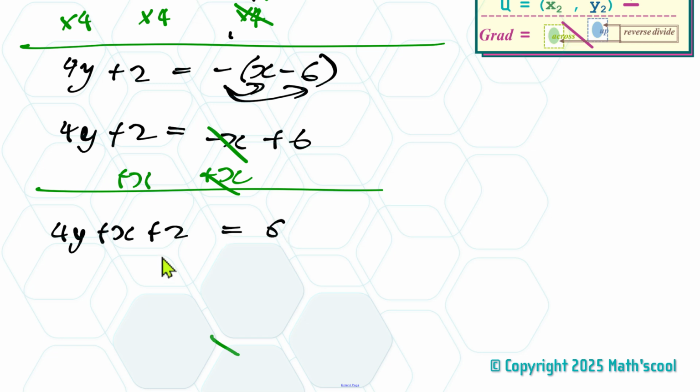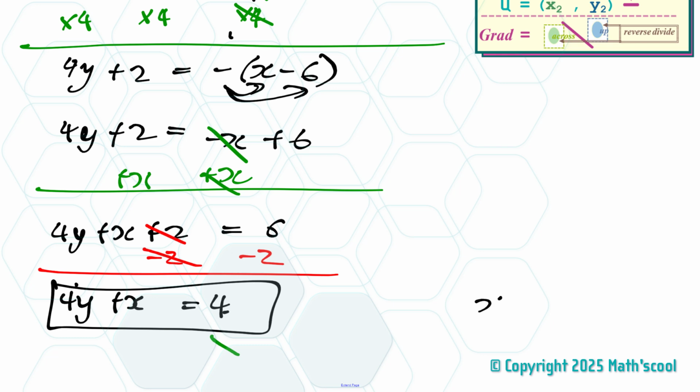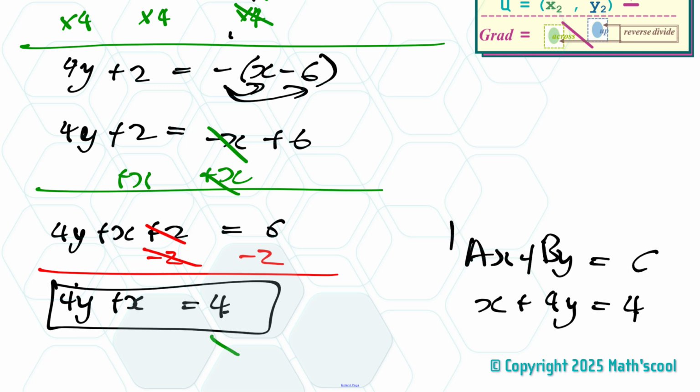And then I'm going to shift the 2 across, so I'm going to minus the 2. And so that's going to give me 4y plus x equals 4. And I'm going to write that as x plus 4y equals 4, which is of the form ax plus by equals c, which is that standard form.